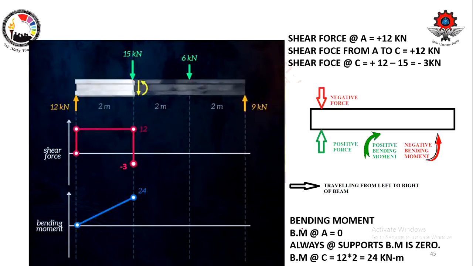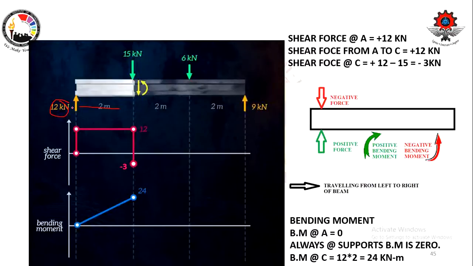Okay. Now, how about the bending moment at C? Bending moment at C is 24. How do you get that? Bending moment at C is 12 into 2. This force 12 into distance 2. So it is traveling from here to here. We are supposed to add up the bending moment also as we go along the beam.